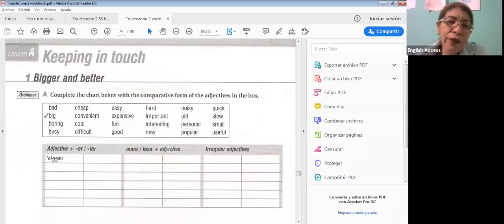We have three columns. Column number 1 says adjective plus ER or IER. Second column, more, less, plus adjective. And the last column, irregular adjectives. So we're gonna do it in order.